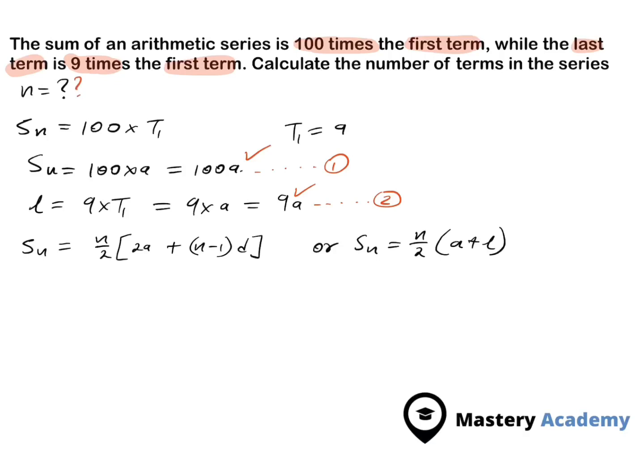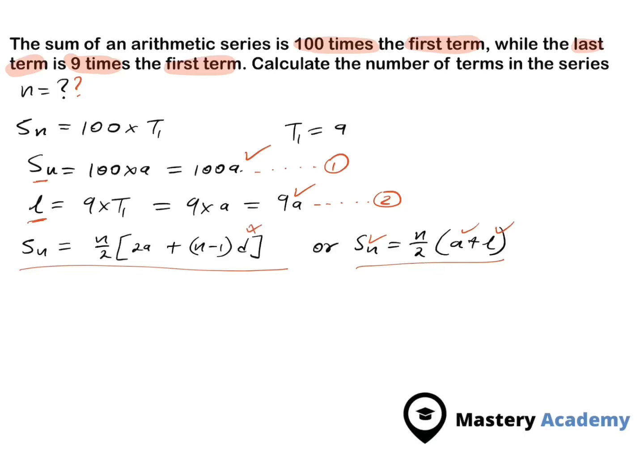When you check this formula, we have a, which will never change, and then we have L, which is given to us. Therefore, we can use this formula here. We can't choose this one because we don't know what the common difference is.